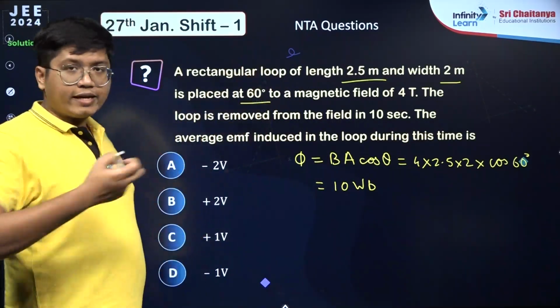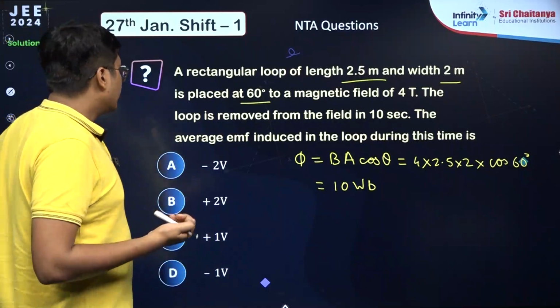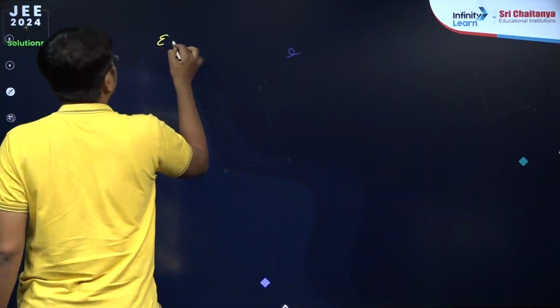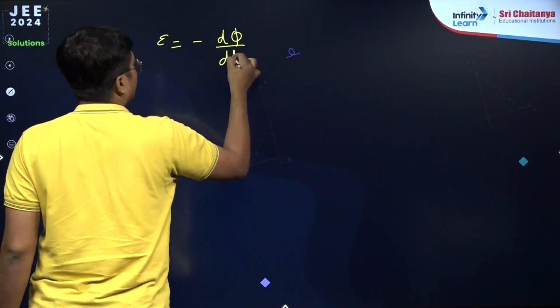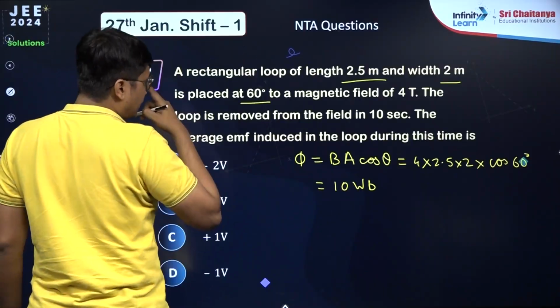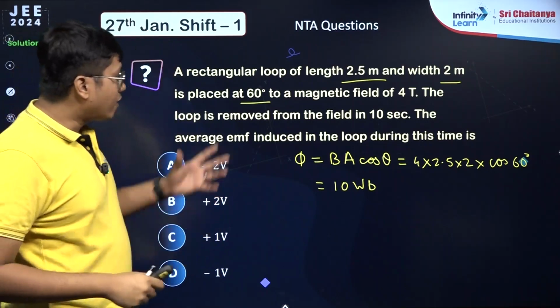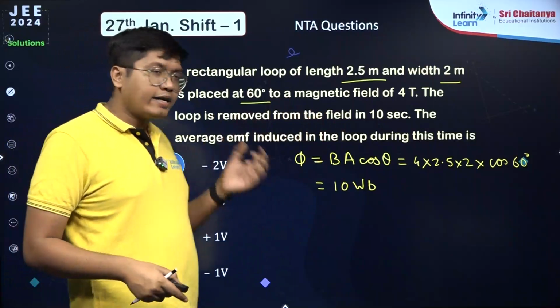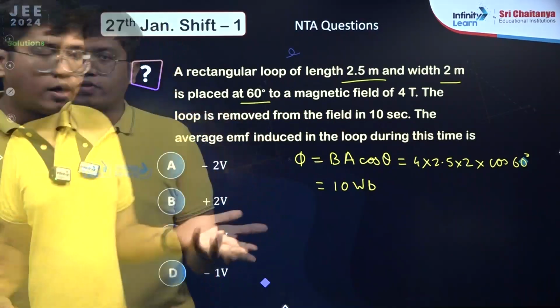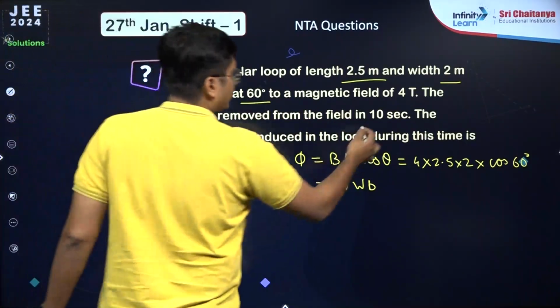Now when you take it out, the EMF E is equal to minus d phi dt. When you take it out, the entire flux is removed, because at the end the associated flux is 0 and the time it takes is 10 seconds.